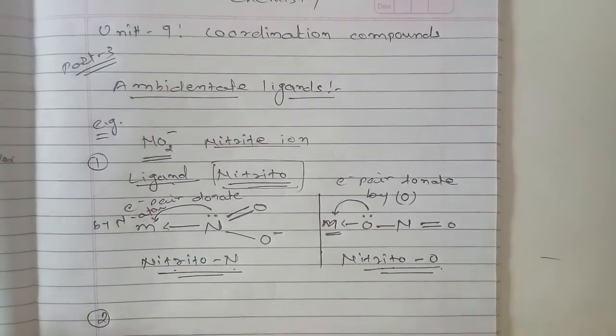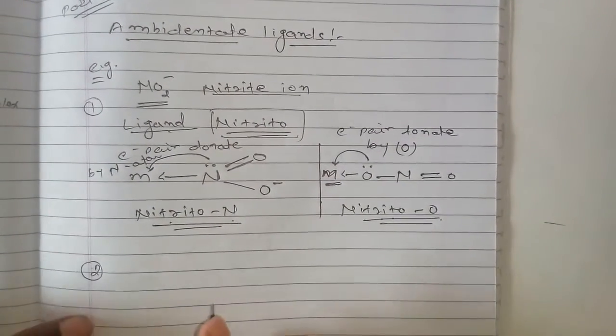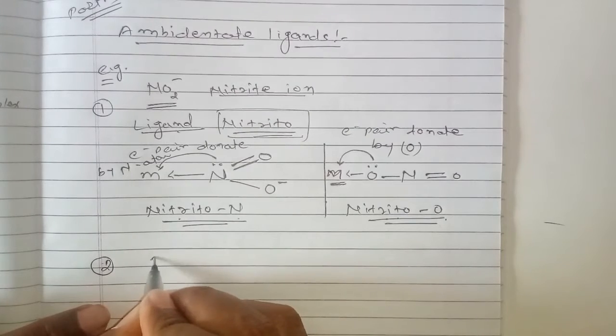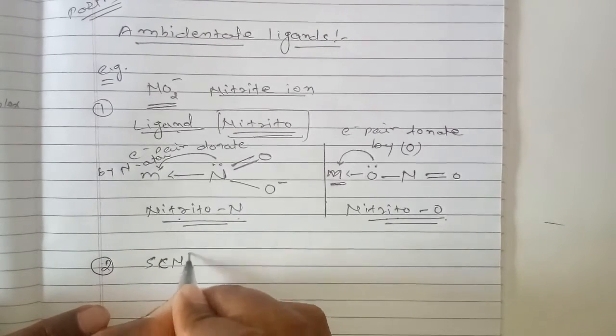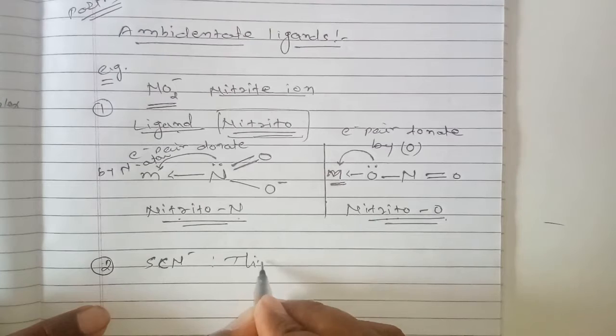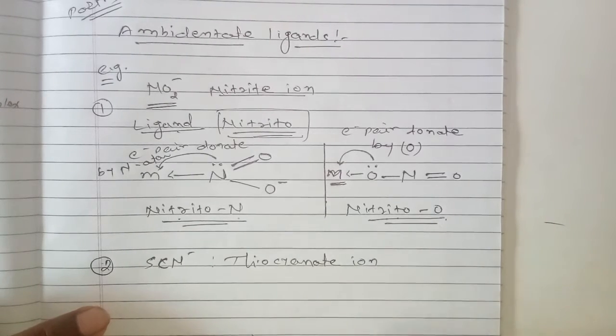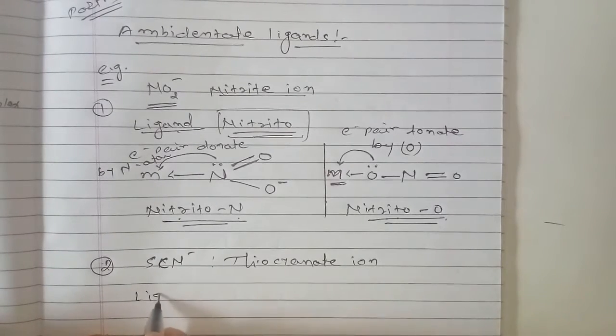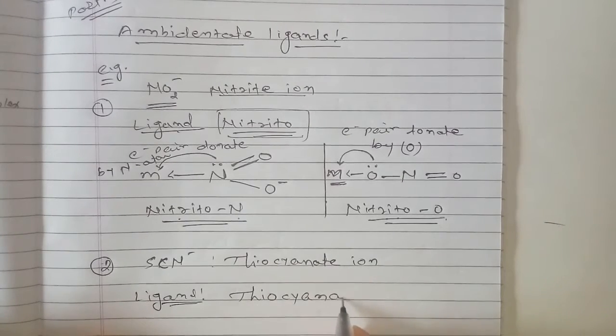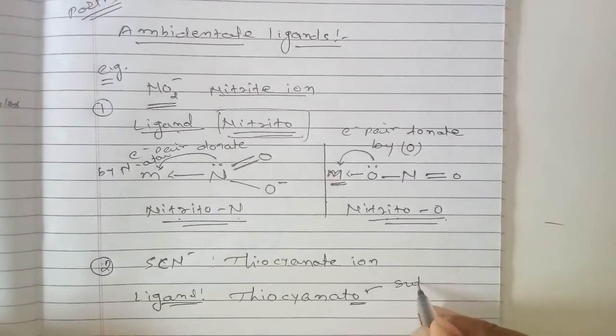Now the second example, in case of the thiocyanate ion, SCN minus. As a ligand it is named thiocyanato. So the suffix is ato.